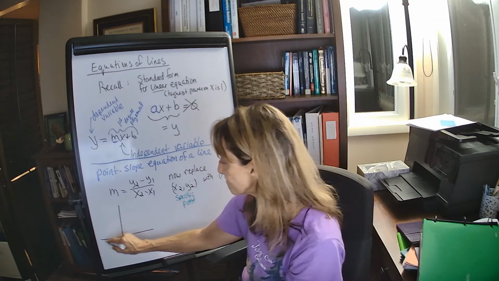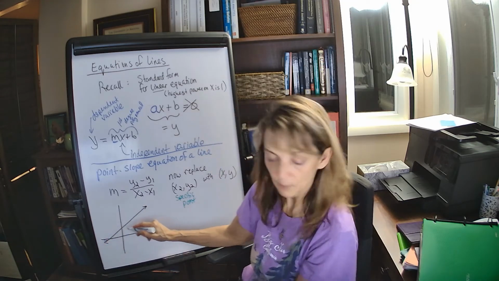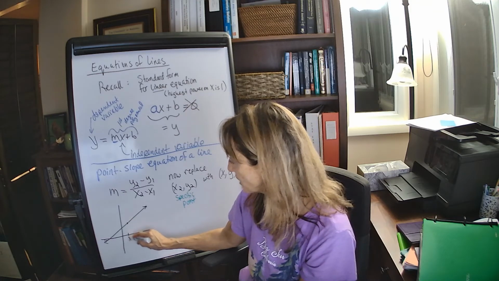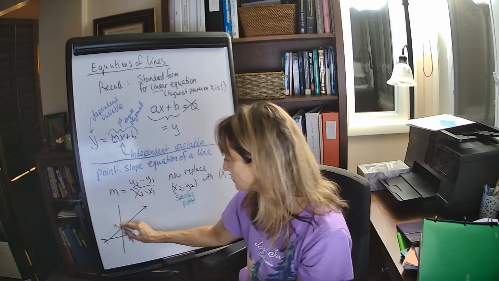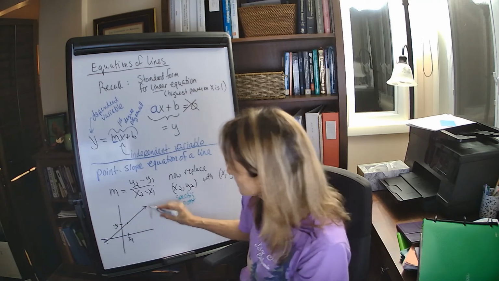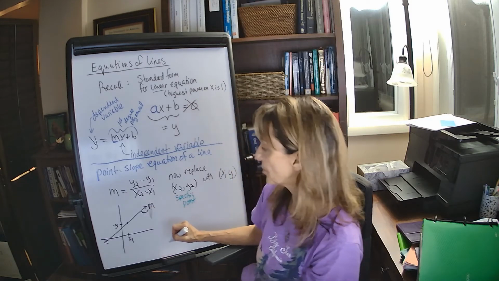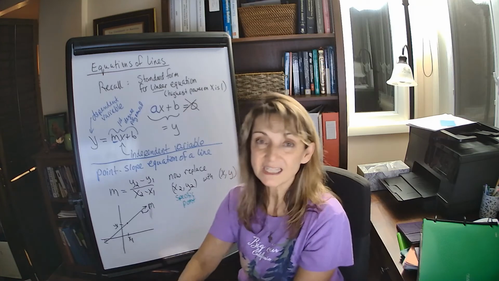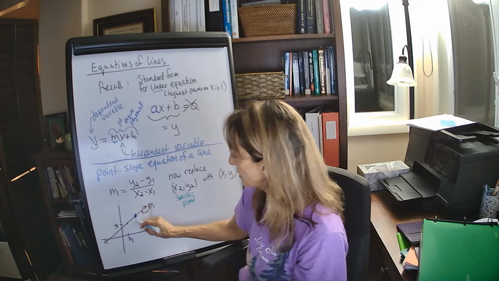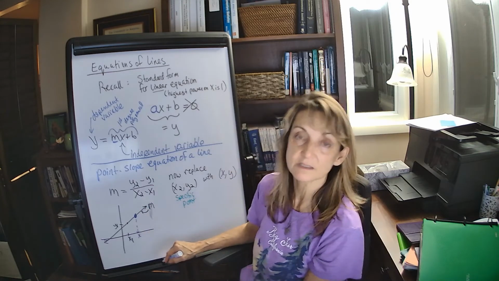a line, let's just draw a line on here, and we have a point on that line, x1, y1, and we know that this line has a slope. Now, I can take a little bead and put it on that line, and have it point down to some x.